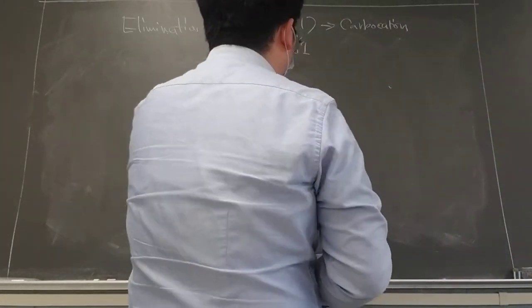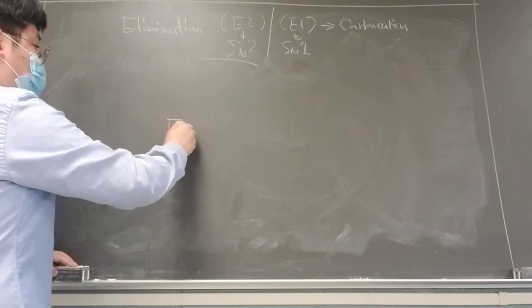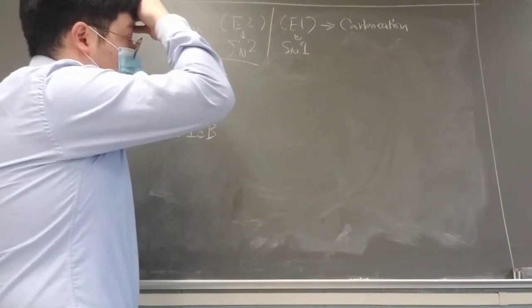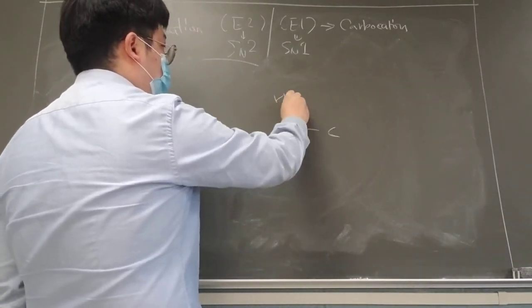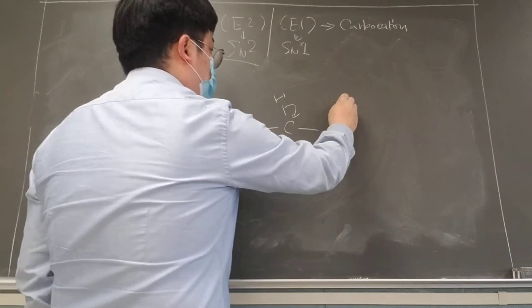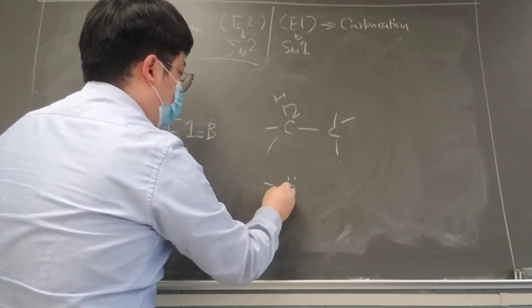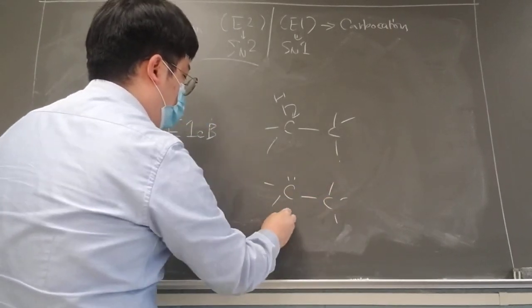There's one more thing they additionally mention in the textbook, which is the E1CB. This is actually kind of weird because they break this one first. They become not a carbocation, but a carbanion.